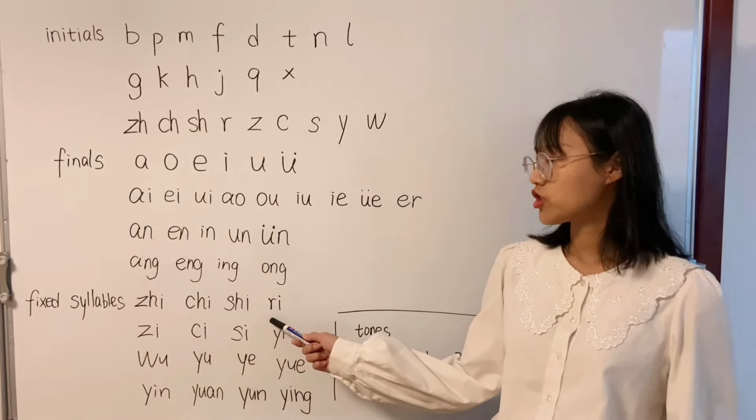Ri, zi, ci, si, yi. You put this one, it also sounds like ri, zi, ci, si, yi. Remember how this sounds? It sounds like u, right? If you put this little letter, it also sounds like u. This one is yu, ye, yue, yin, yuan, yun, ying.